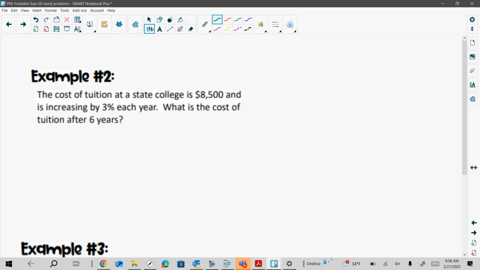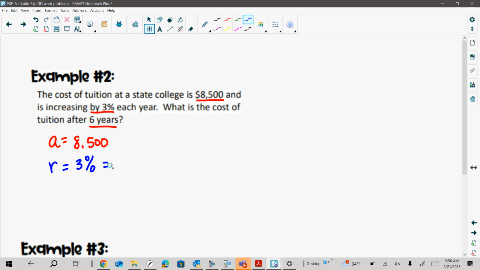What's our key information here that we can use? What do you think is important? 3% is very important. That's our rate. 8,500. Yeah, 8,500. So the A, initial amount, is the 8,500. The rate is our percent, which is 3%.